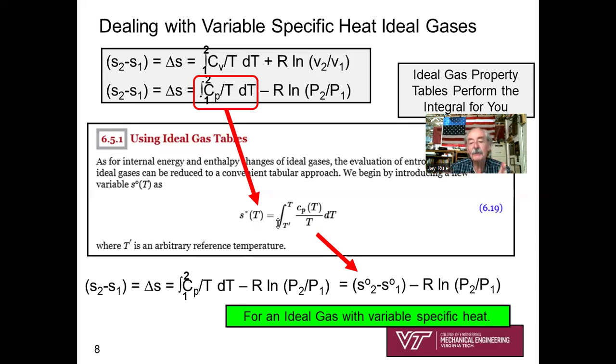And what are we trying to do? We're trying to find delta S from T equals T1 to T equals T2. All right, so here's what we do.